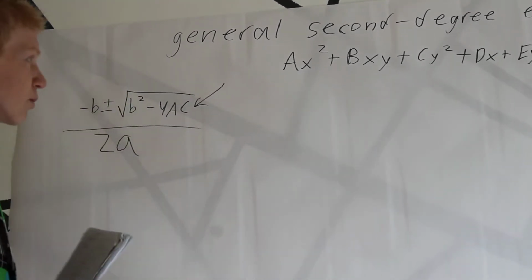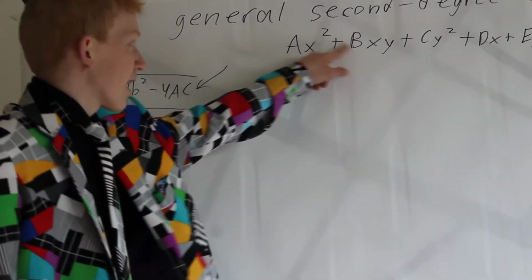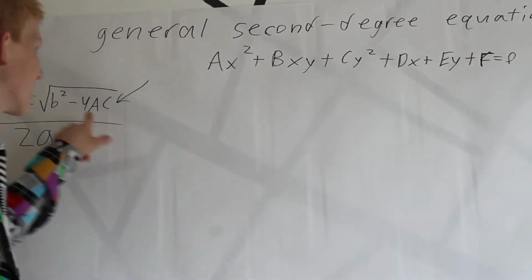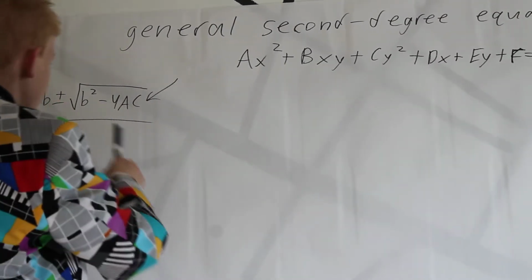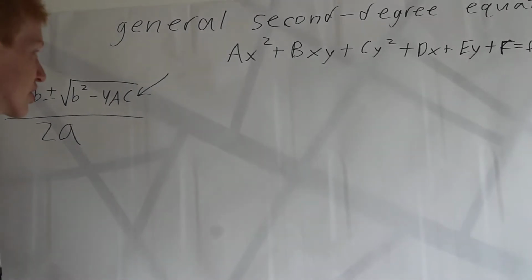What you're going to be doing is for every conic thing that comes in this formula, you're going to be getting the discriminant. So you're going to get b squared minus 4ac, and then you're going to be able to figure out what type of conic section it is.